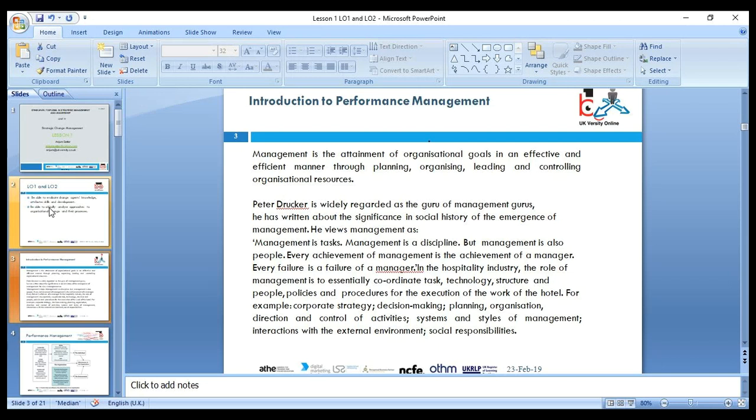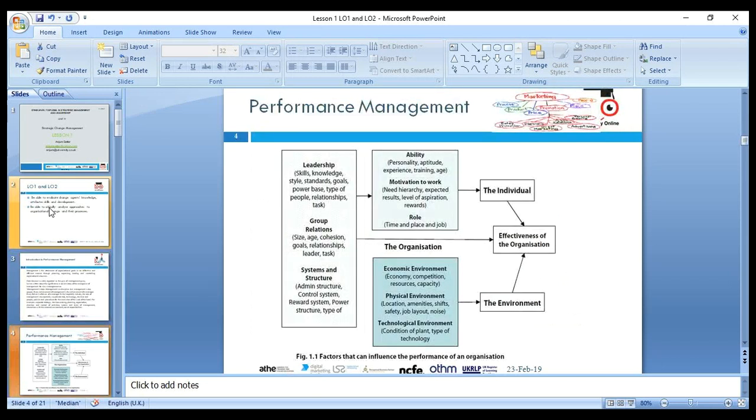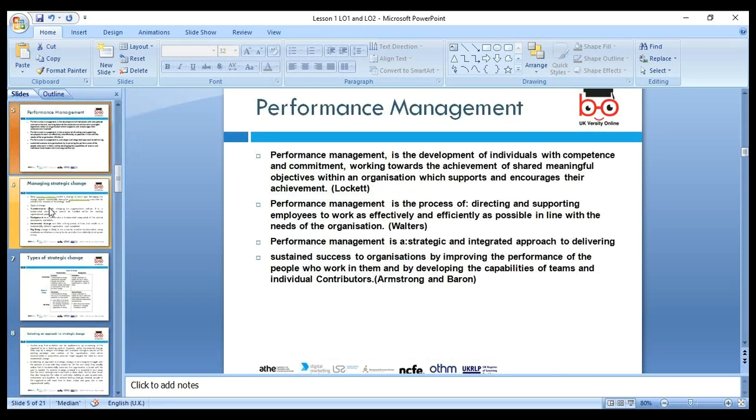He said management is a task, management is a discipline, management is also people management, and a failure of the organization is a failure of the manager. Then we discussed that performance consists of abilities as well. We manage the effectiveness, the system of the organization, and we have good information about the environmental factors, so ultimately we improve the performance.